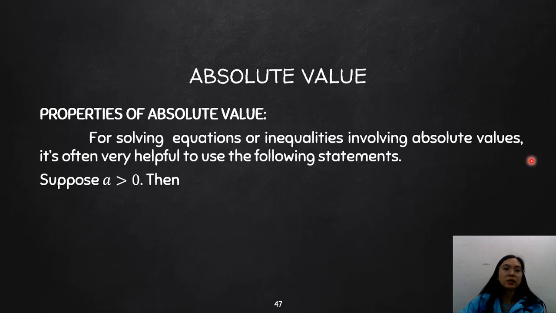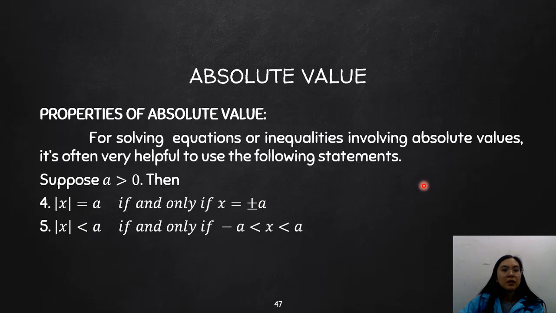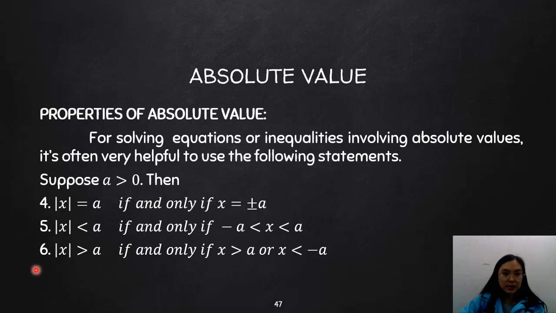Suppose that A is greater than 0, then rule number 4, the absolute value of x is equal to A if and only if x is equivalent to the positive and negative value of A. The fifth rule, the absolute value of x is less than A if and only if negative A is less than x and x is less than A. Sixth, the absolute value of x is greater than A if and only if x is greater than A or x is less than negative A.